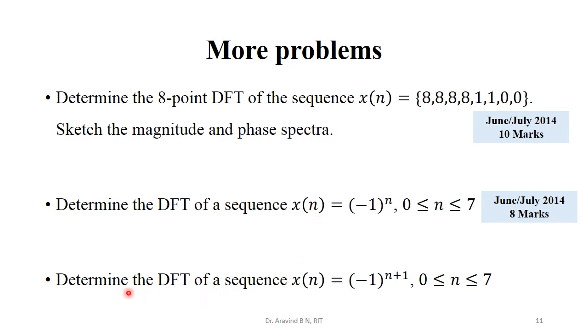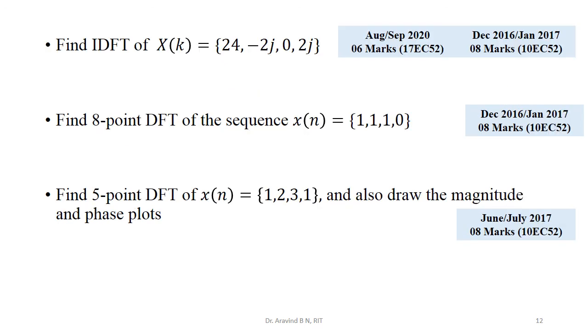Then one more of the same kind of representation, but with the power n plus 1. This is going to change the sequence itself. The same 8-point calculation applies, so you need to solve it by yourself. There are a few more such problems.